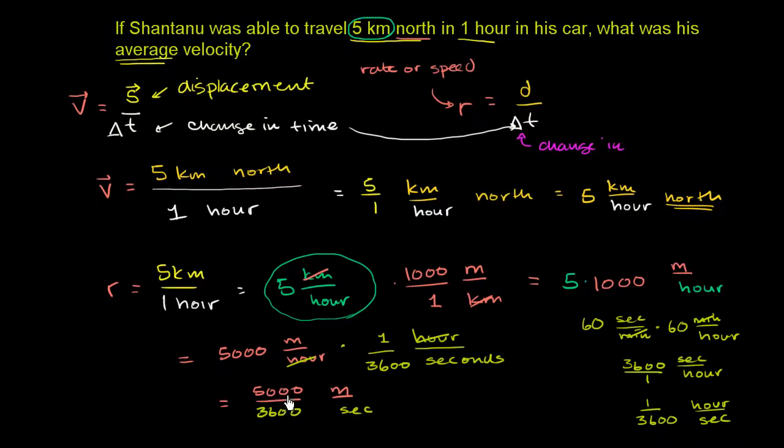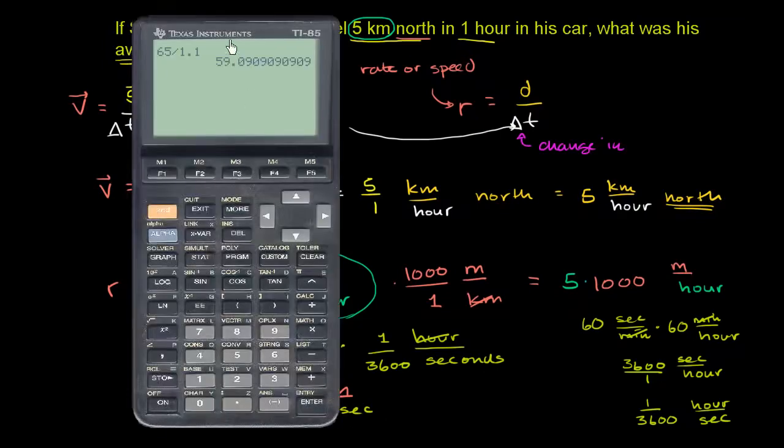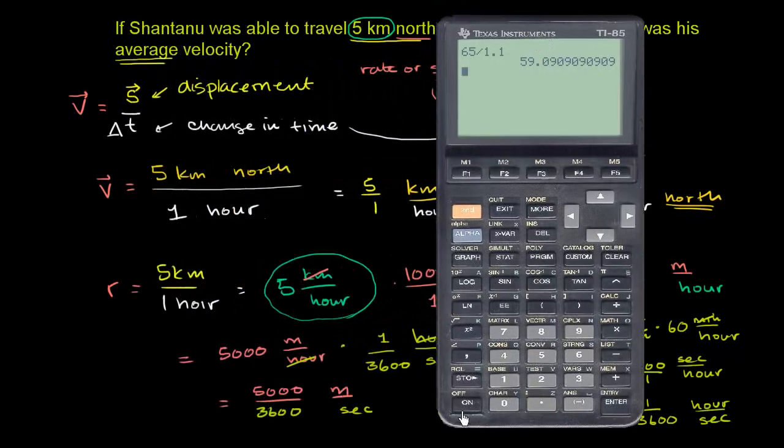And if we divide both the numerator and the denominator, I could do this by hand, but just because this video is already getting a little bit long, let me get my trusty calculator out. Just for the sake of time, 5,000 divided by 3,600, which would be really the same thing as 50 divided by 36. That is, I'll just round it, 1.39.